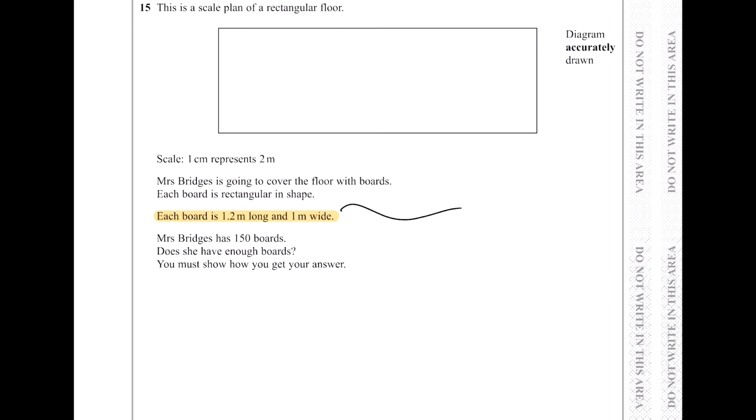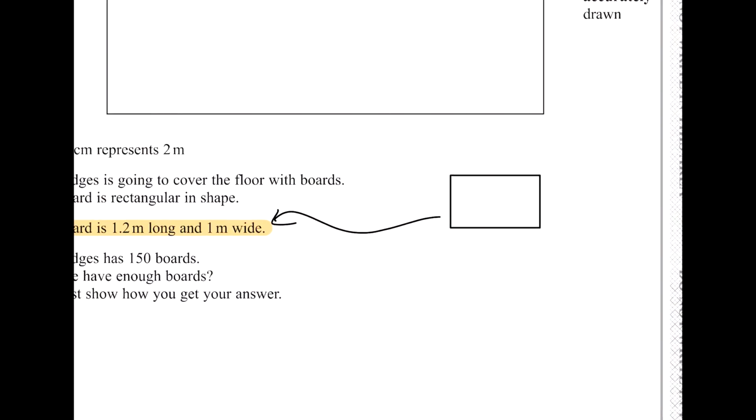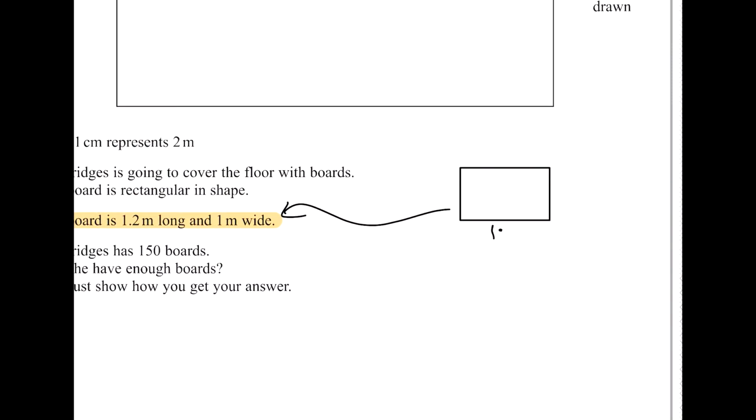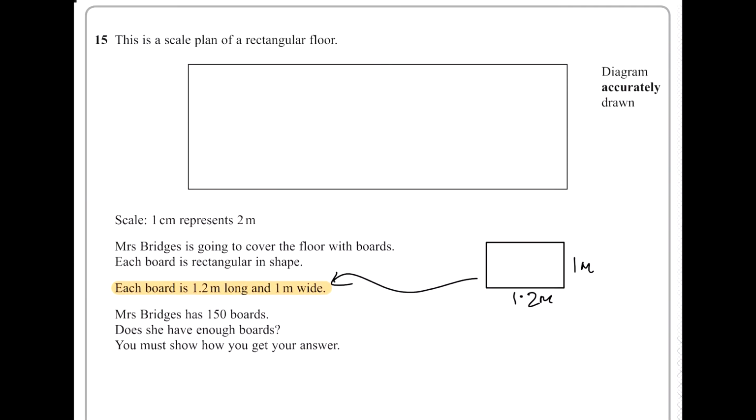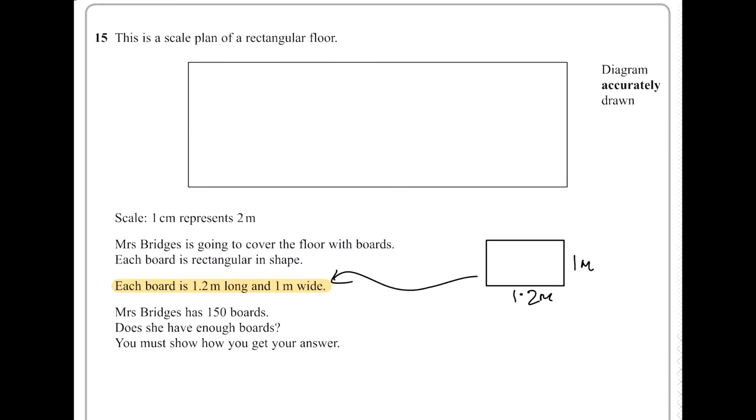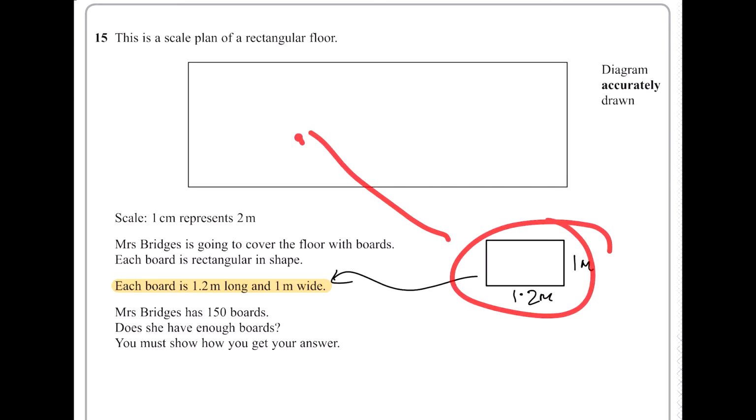So if we look over here, we have one board that we're given. It says it's 1.2 meters long and 1 meter wide. So it looks like this. And we want to see how many of these we can fit inside this.